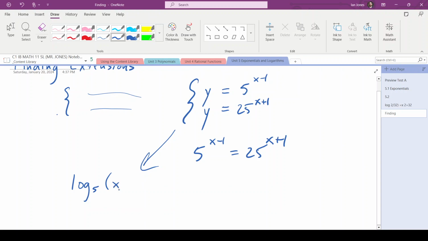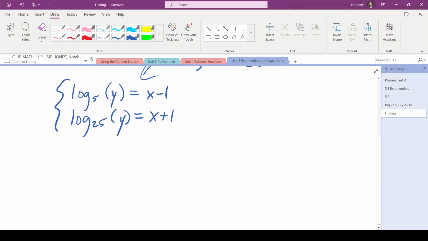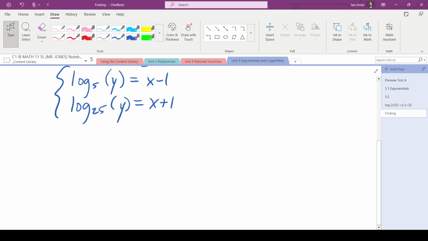My output to the exponential is my input to the log, and my input to the exponential is my output to the log. So I could have, for example, something like this, log base 25 of y equals x plus 1. So there's a system of equations given as logs that we could solve.